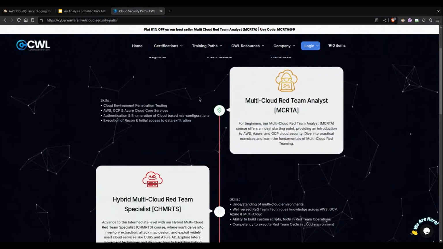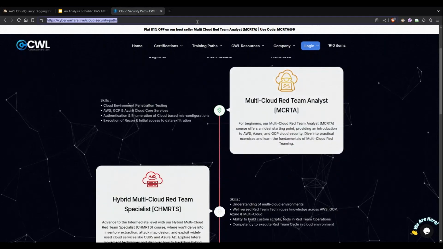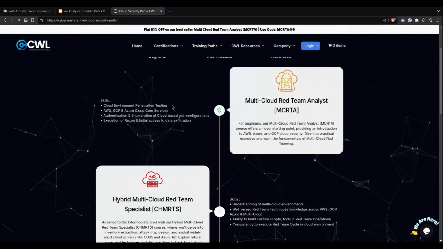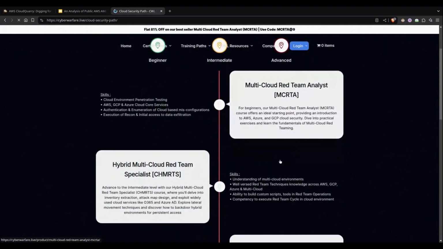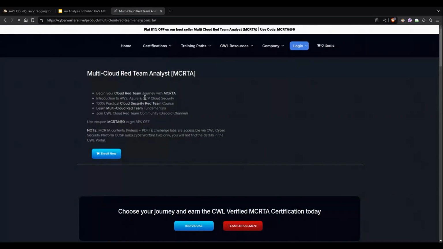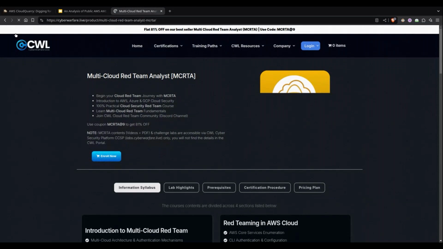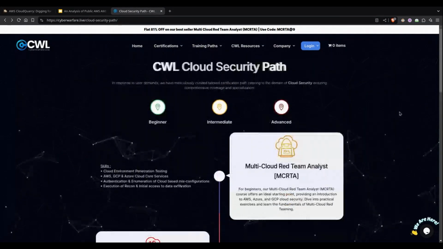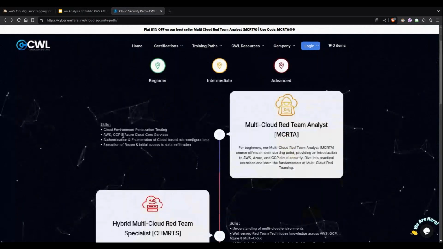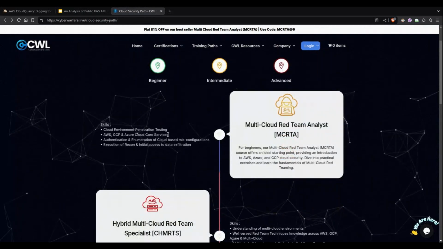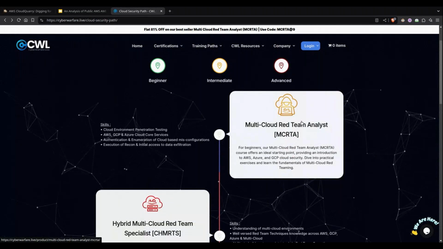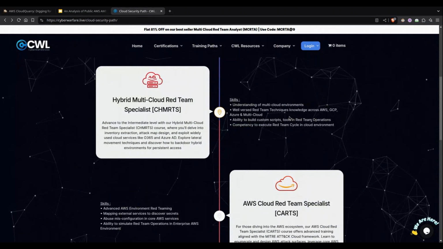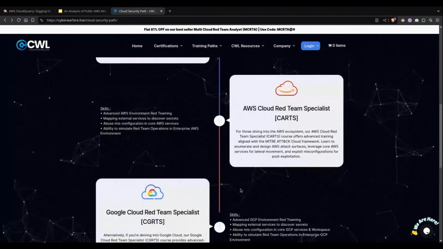You can go through our website, go to the training path and cloud security path, and read a brief description of what we offer in each of these courses. You can purchase them if you're interested. If you read this description, you can see we have cloud environment penetration testing. In the MCRTA we have that, and even for the CHMRTS we have pen testing. It's involved in all of these courses.